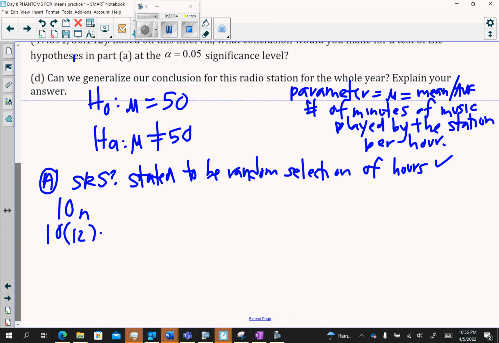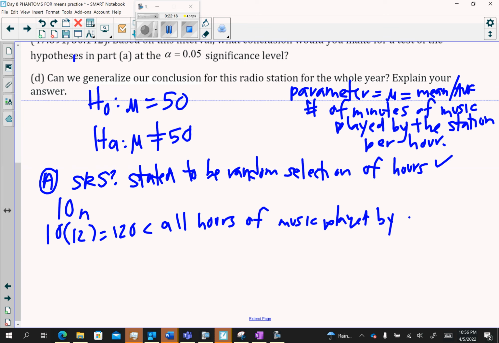Hopefully that's less than the population of all hours of music played by the radio station. So that's a check. And lastly, the sample size was too small to use the central limit theorem.